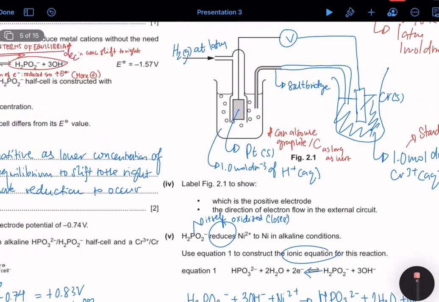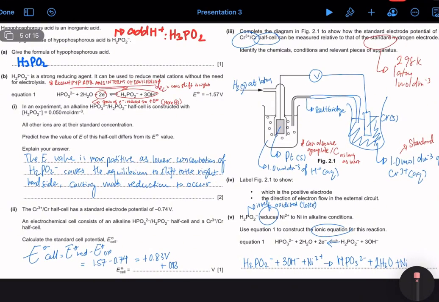Question IV. Label figure 2.1 to show which is the positive electrode and the direction of the electron flow in the external circuit. Which one is the positive electrode?